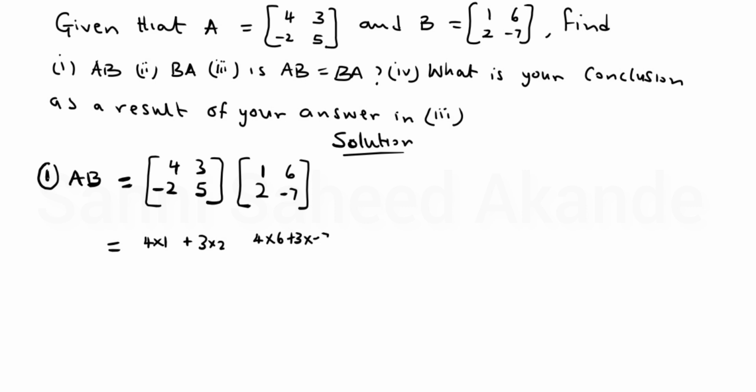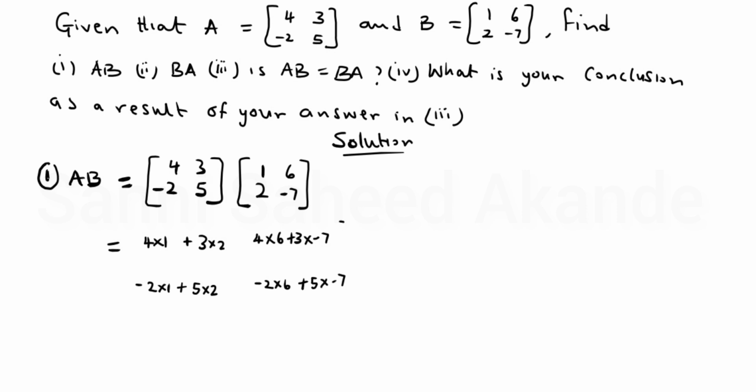Okay, so the second row, we use it to multiply the first column, that is minus 2 times 1 plus 5 times 2. Then the second row, use it to multiply the second column, that is minus 2 times 6 plus 5 times minus 7.